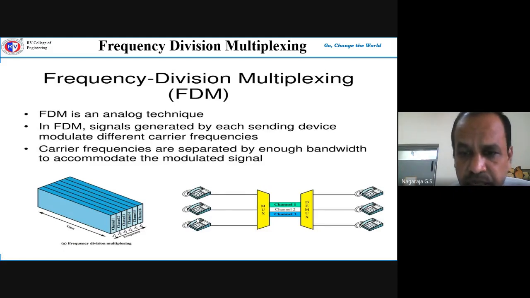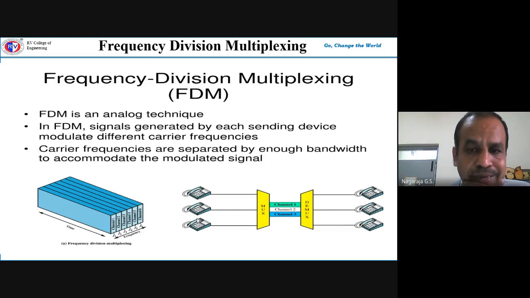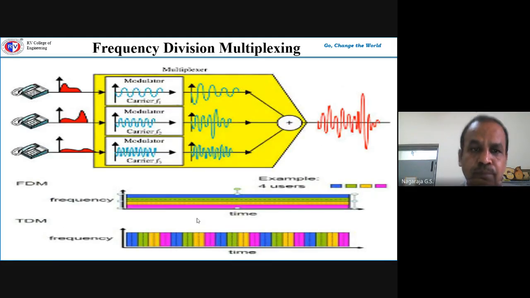As usual, when you transmit with the different channels in order to send your data signals, at the receiving side you need to have a demultiplexer, which separates the different modulated signals to reach the destination point.